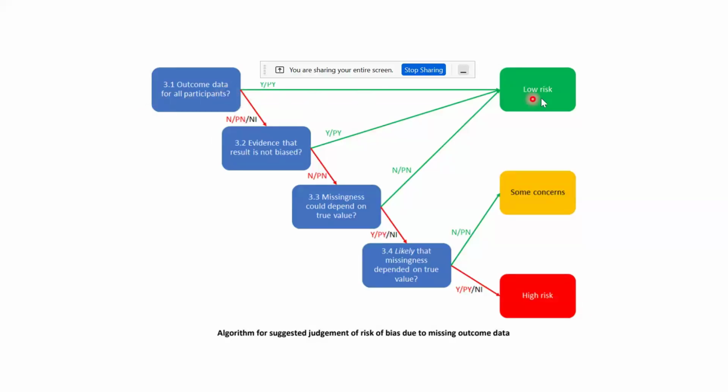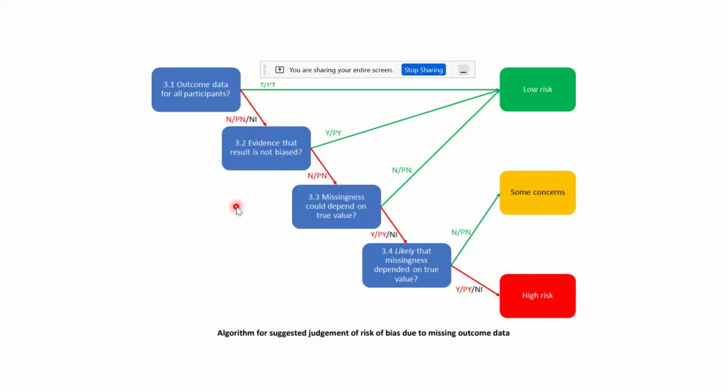If it is yes, then automatically it goes to low risk in this domain. In case it is no, then our next question is: is there evidence that the result is not biased? So what does this mean? It means that we have some evidence that the missing data in the outcome is not biased.